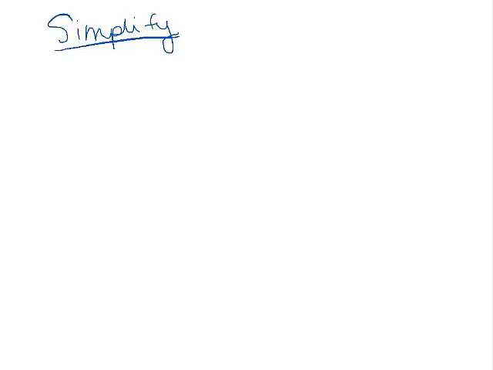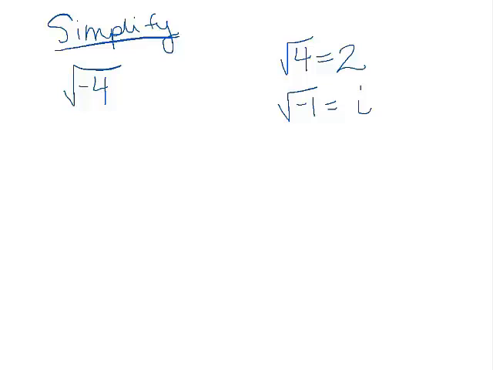Before we graph some of these imaginary or complex numbers, let's just try some simplification problems. What about the square root of -4? Well, you might remember that the square root of 4 is 2. And we know that the square root of -1 is i.